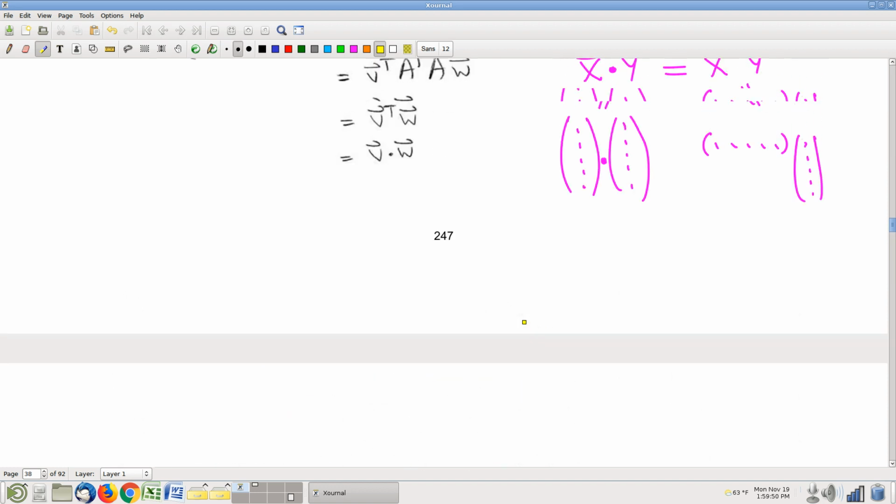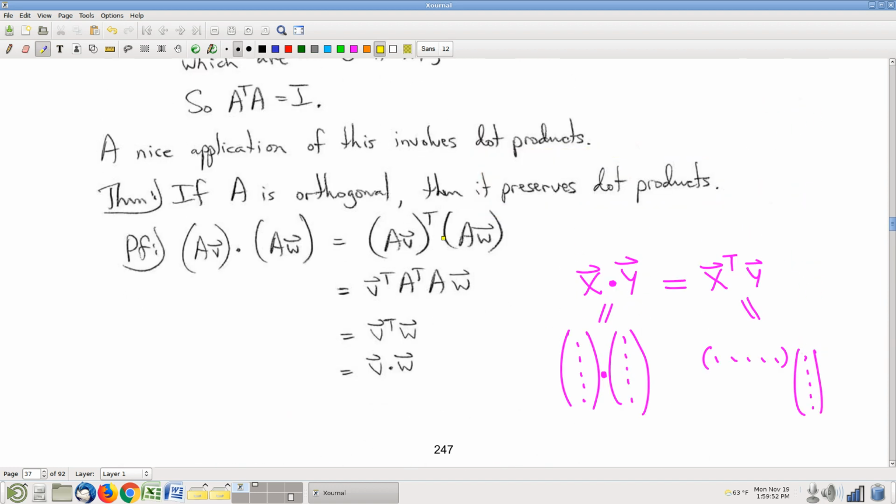So this process of multiplying by an orthogonal matrix preserves all distances and all angles, and so it's what we call a rigid motion. So if, for example, you were to take my hand here and think of maybe that's the origin, and every point in my hand I think of as being a vector.